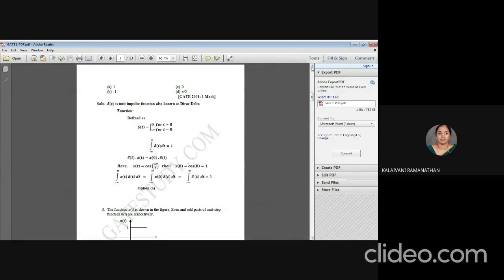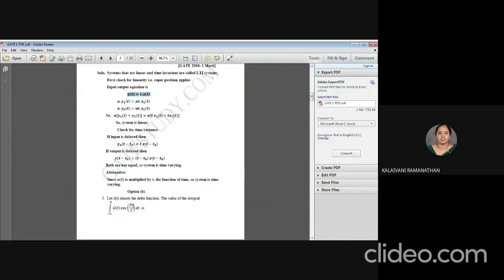For this question, you have to note down the shifting property of the delta function. What do we mean by that shifting property? It is stated that the integral from minus infinity to infinity del of t minus t naught into x of t dt is equivalent to x of t naught.